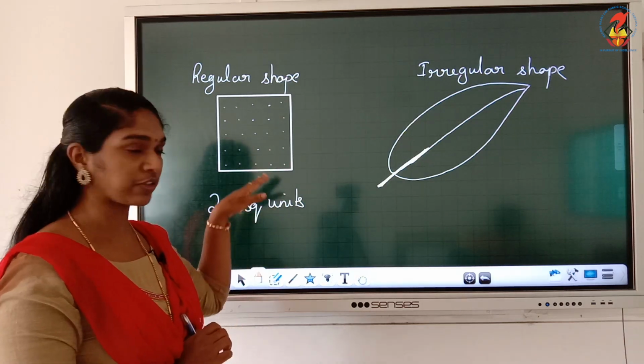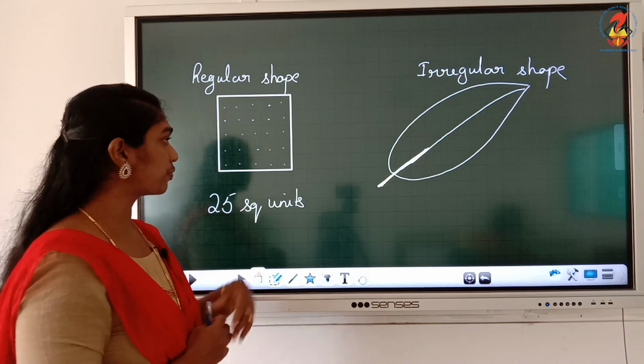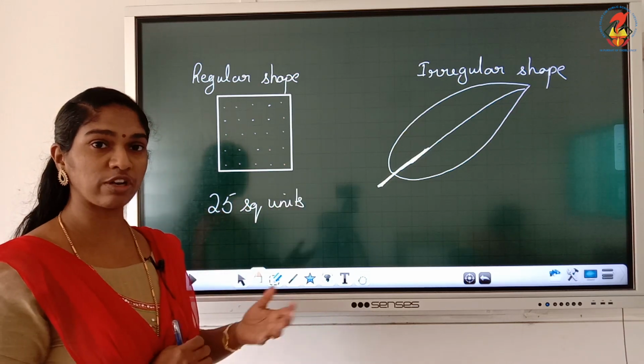Each square was represented as 1 centimeter. Suppose you had half of a figure, if the square is divided into 2, you take half, right? Like that we used to do. Now, when you come to irregular shapes, how did we count the number of squares?